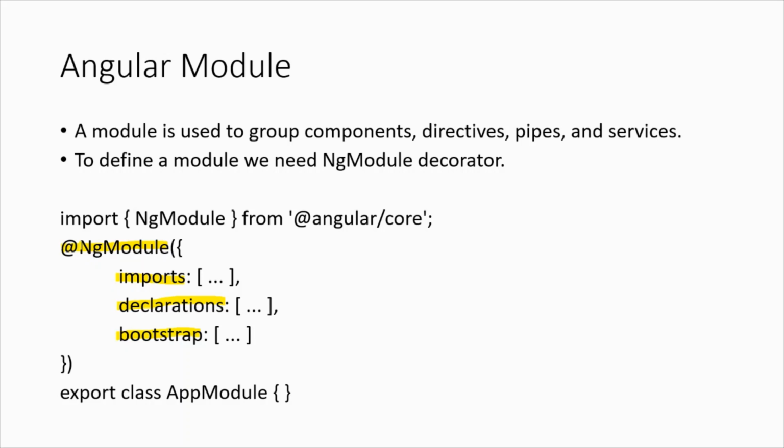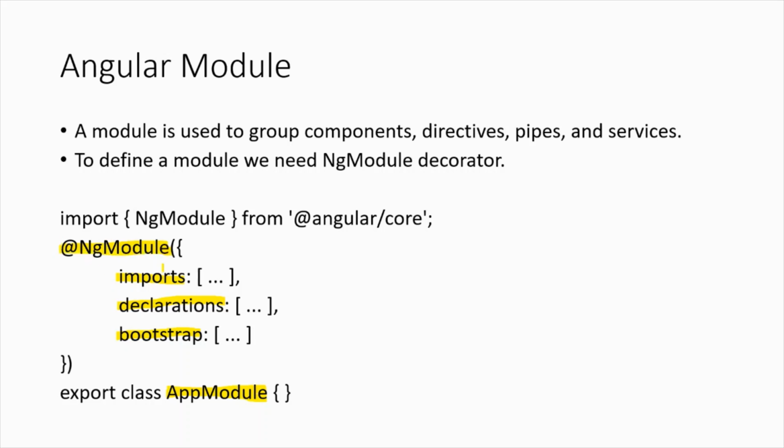And whenever we put any decorator on top of a class, that class becomes a special type of class. Here, this AppModule becomes a special type of class, an NgModule, because it has the decorator method ngModule.